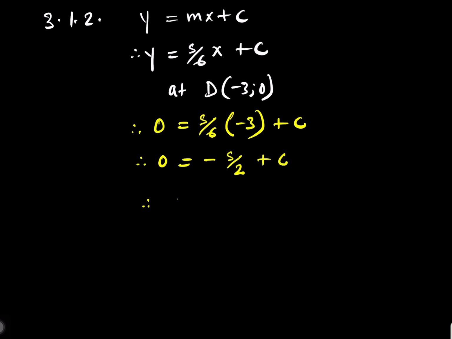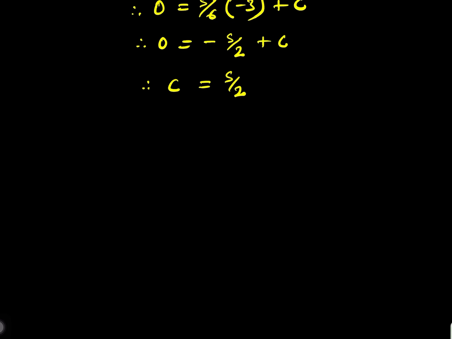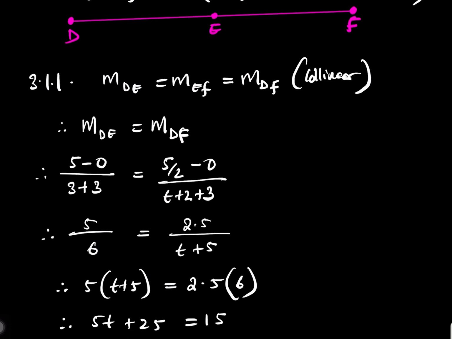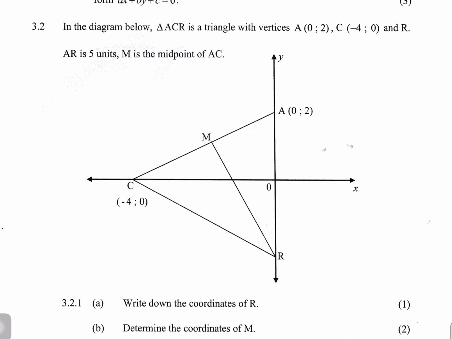So therefore, our c is going to be 5 over 2, if you transpose that to the left side of the equation. Now, we have our equation, which is y equals 5 over 6x plus c, but our c is 5 over 2.